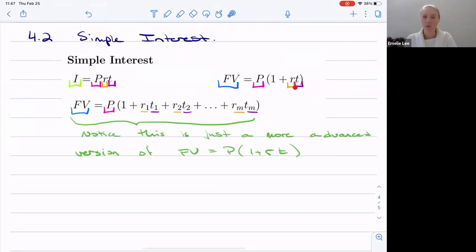Most of the time, we're just going to say, I'm investing some principal amount P, my initial amount, at an interest rate of R for some amount of time T. My future value is how much money I have in the end, what total amount, including my initial investment, I will have at the end.